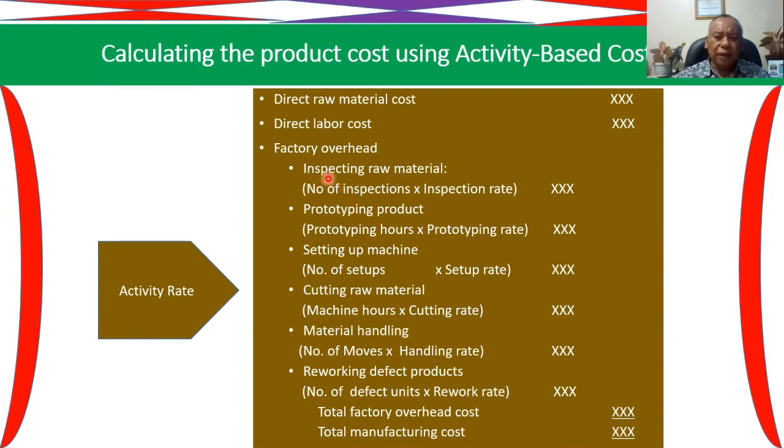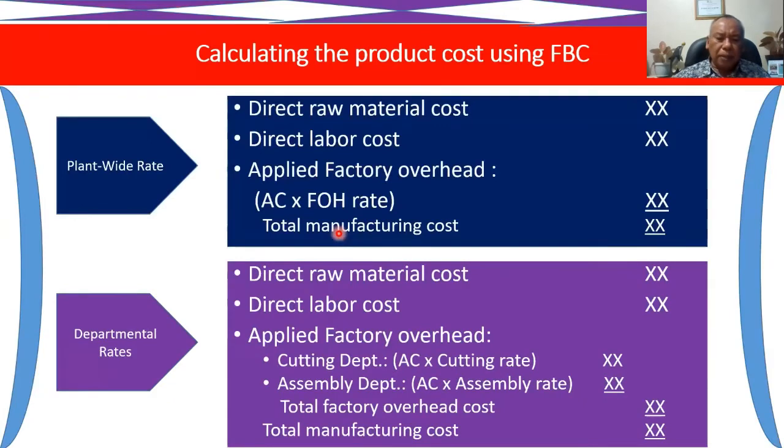Actually, the difference is only in the factory overhead costs. In activity-based costing, the factory overhead cost content is in the activity. But in the departmental rate, the content of factory overhead cost is the department, for example the purchasing department.